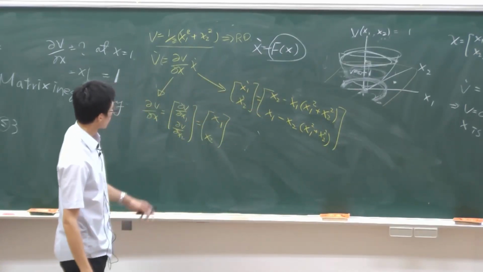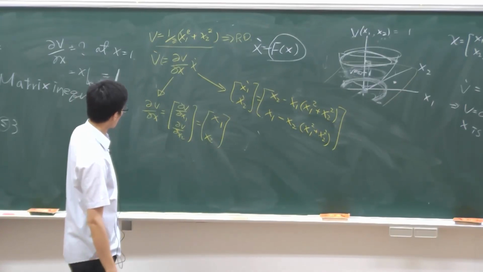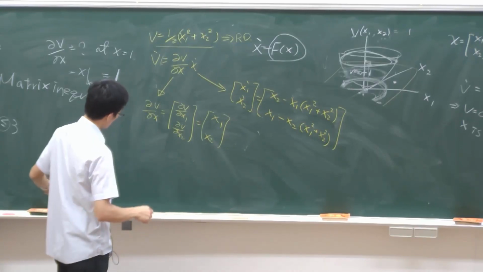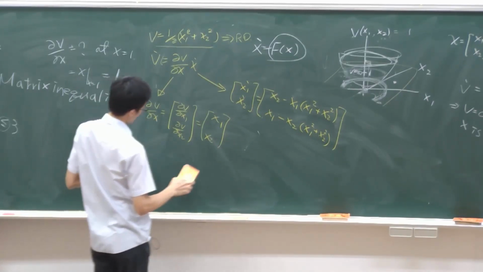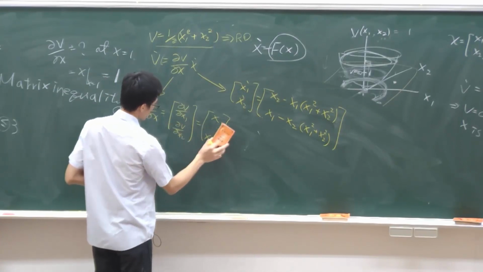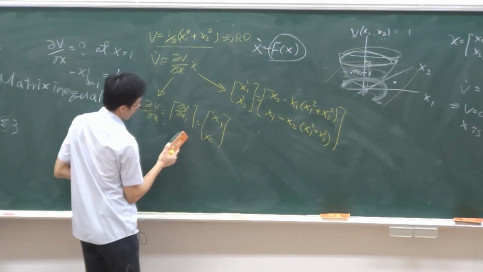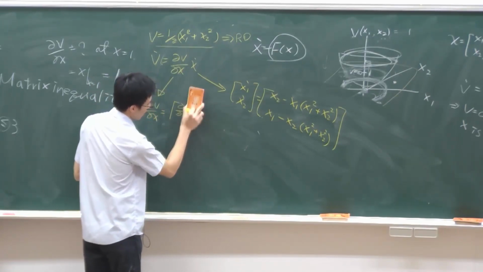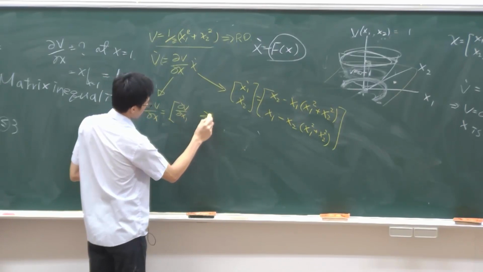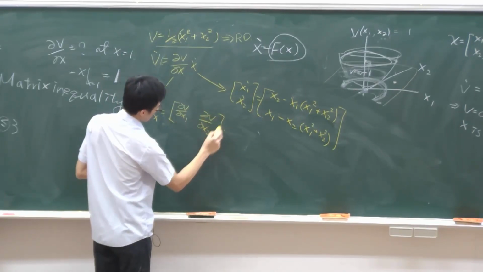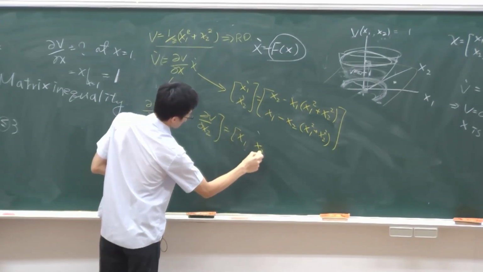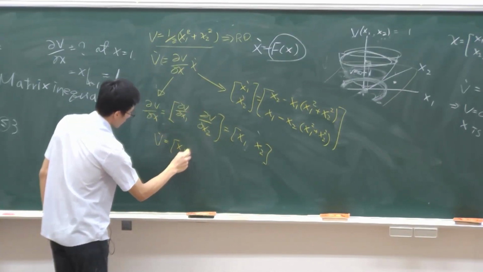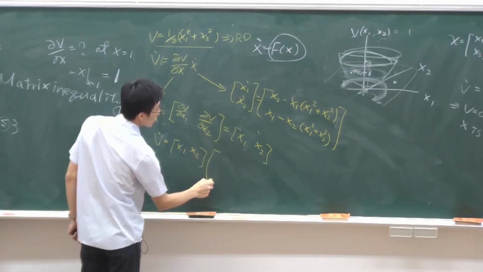Okay, so you multiply the two. After you take a gradient, this will be a row vector, not a column vector. So your V dot will be x1, x2 times this.